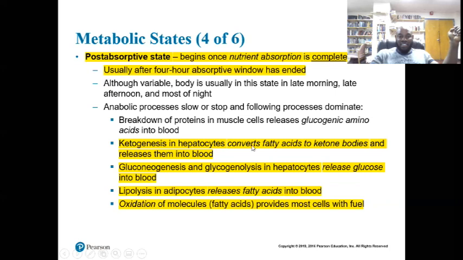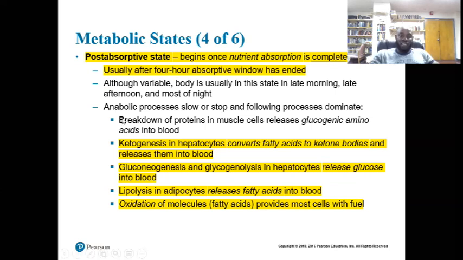Ketogenesis: hepatocytes convert fatty acids to ketone bodies and release them into blood. Gluconeogenesis means forming glucose from things that are not carbohydrates. Glycogenolysis releases glucose, sugar, into your blood. Lipolysis releases fatty acids into your blood. Then we have oxidation of molecules. Fatty acids provide most cells with fuel during this post-absorptive state.